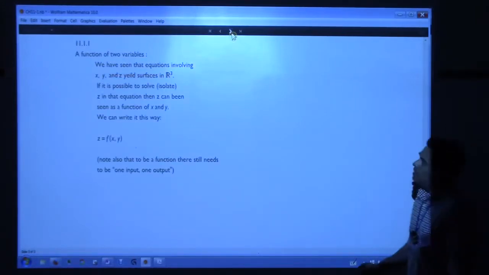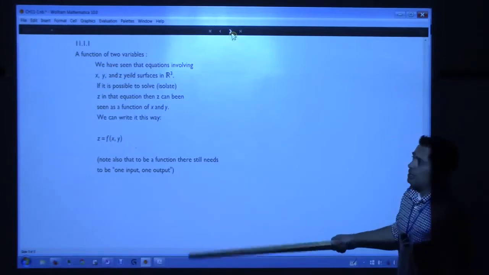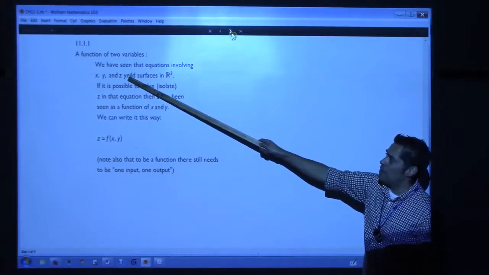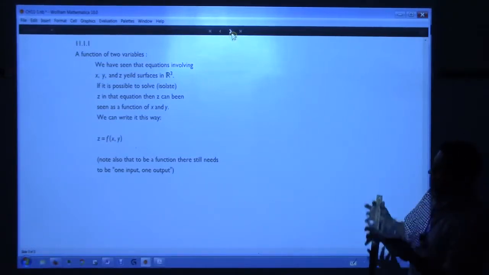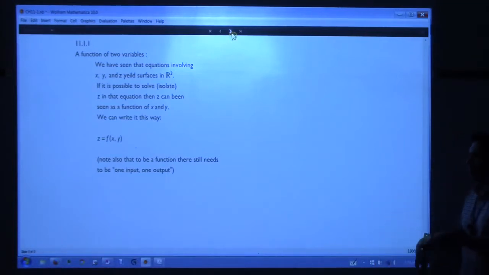We have seen already that anytime we have an equation that has x, y, and z in it in three-dimensional space, we could get these quadratic surfaces, these ellipsoids and spheres and hyperboloids, all these different things, right?